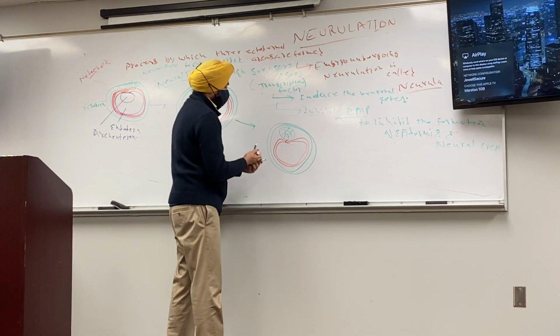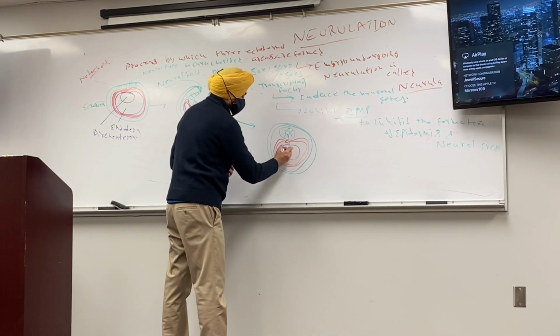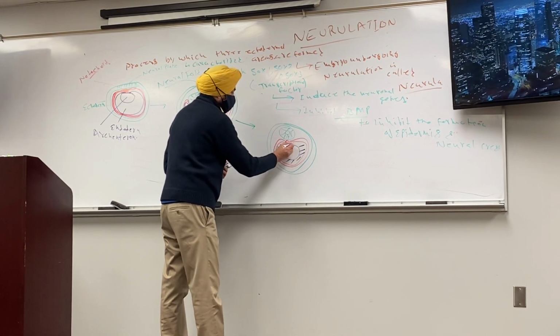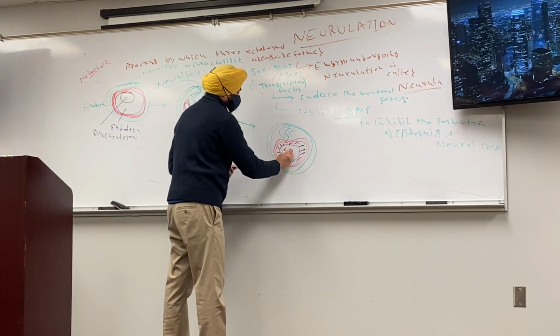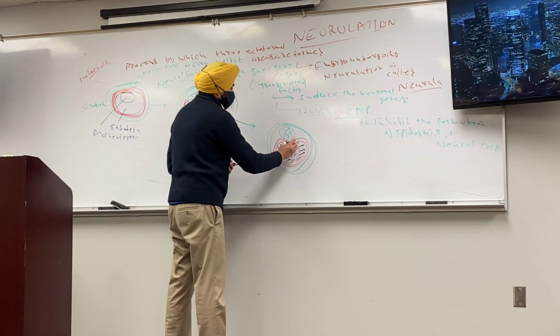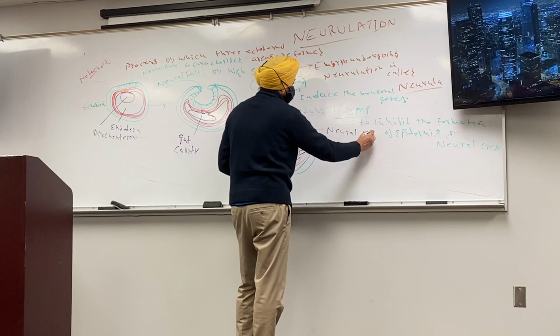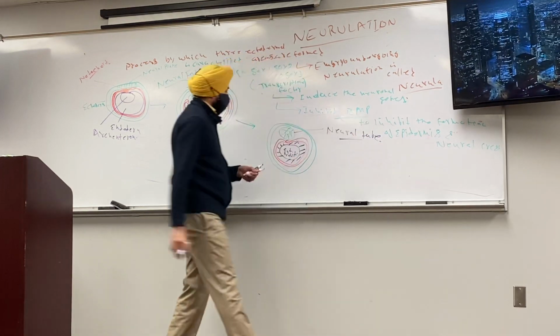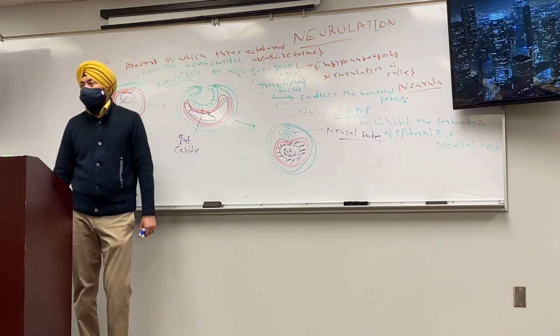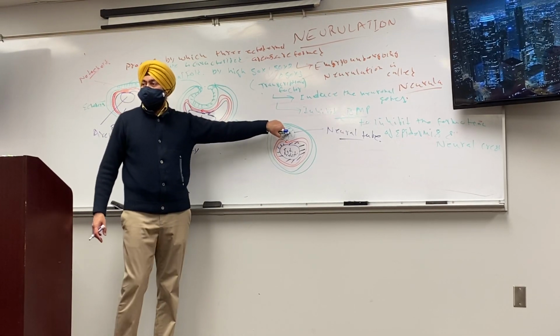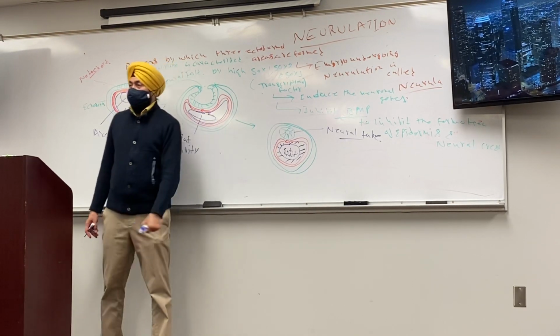This will be all your endoderm, and this will be your gut cavity. And this thing is now your neural tube. A tube is formed in a tube. Okay, now you have two tubes here, gut tube and the neural tube.